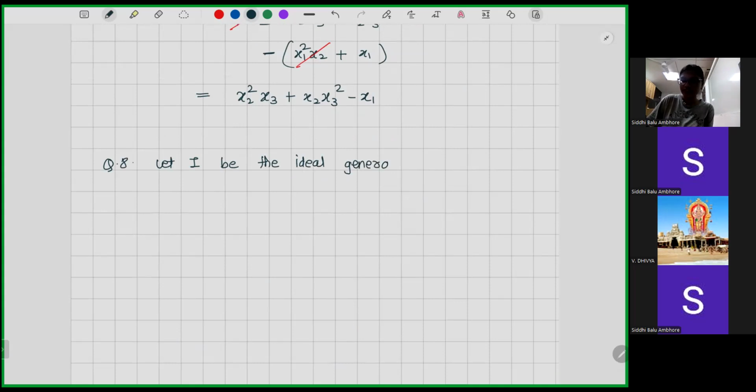So the ideal is generated by x1 square minus 1, comma x1 x3, comma x2 power 4.